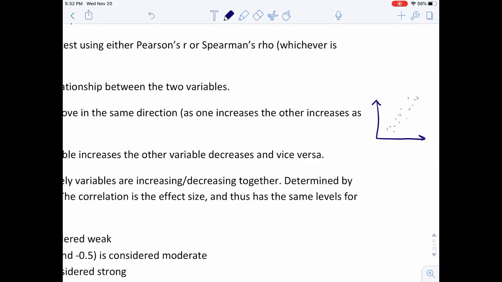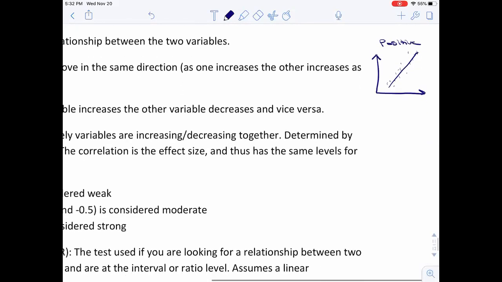If you fit a line through it just to show the direction in general, this would be a positive relationship. Whereas if you've got something that looks like this, where one is increasing and the other is decreasing, you've got a negative relationship.